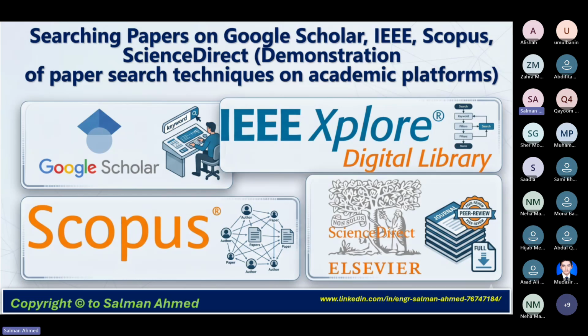The best open database is Google Scholar that we use. If I get time and if the audience allows me, I may show you the tactic to search on Google Scholar and other databases.